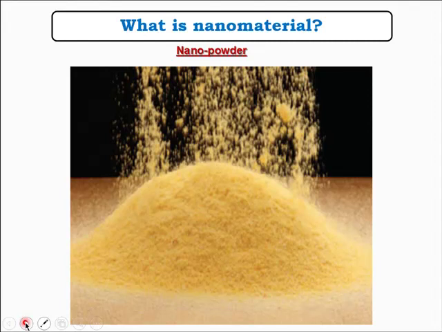The molar mass of silica is 60 gram per mole, and because of its very high surface area, its melting point is 1986 Kelvin, whereas the boiling point is 2500 Kelvin. Because of the particle size, silica is really one of the very tough materials, and that comes under nano powder.